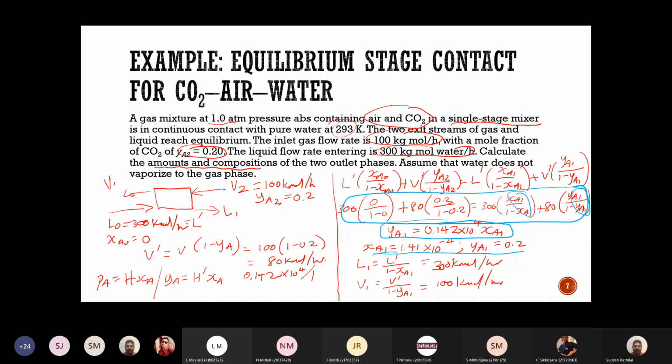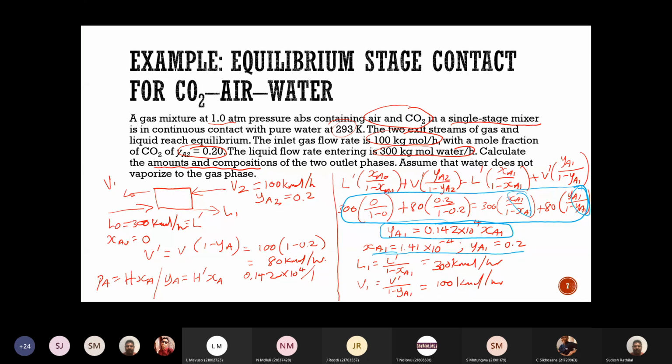The reason we use this equation, especially for absorption, is because it becomes easier when you've got multiple stages. In multiple stages, we know that L prime, the inert value, is consistent throughout the entire tower. Similarly, V prime is the same throughout the tower. It is the inert gas throughout the entire column, so it doesn't change.